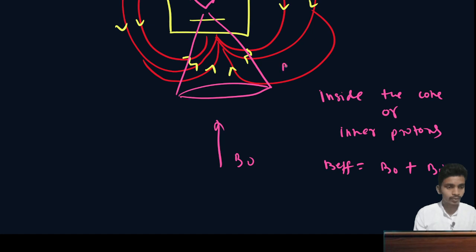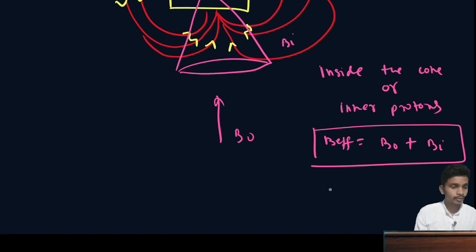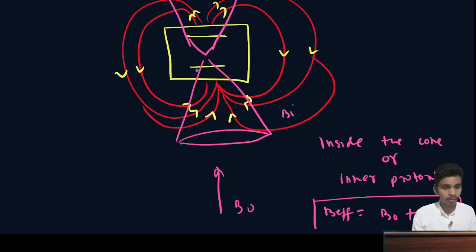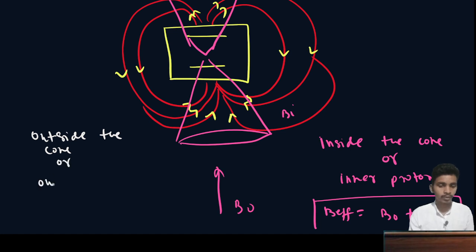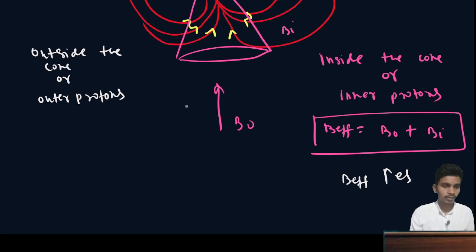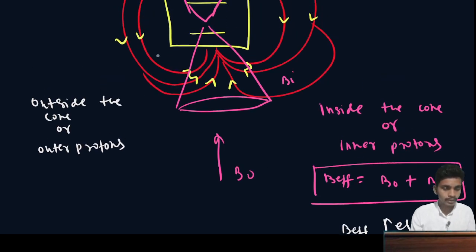B naught and B induced are in the same direction, so for inner protons B effective increases. Whereas for outside the cone, or outer protons, this and this now become opposite directions.